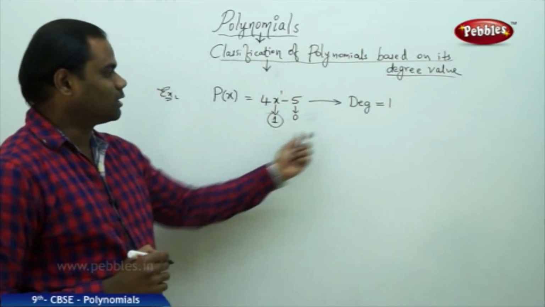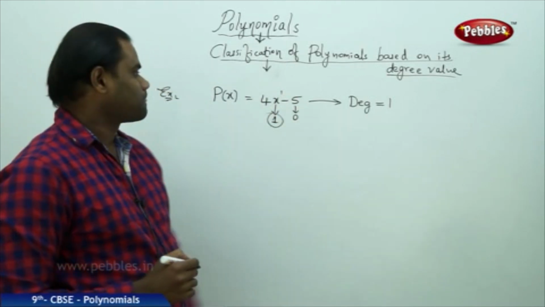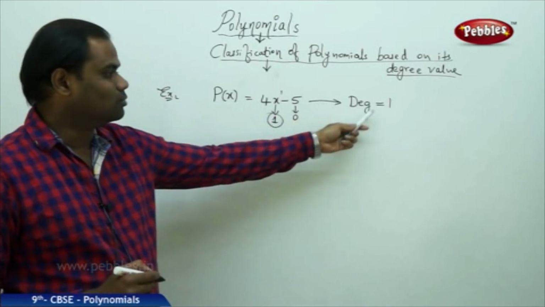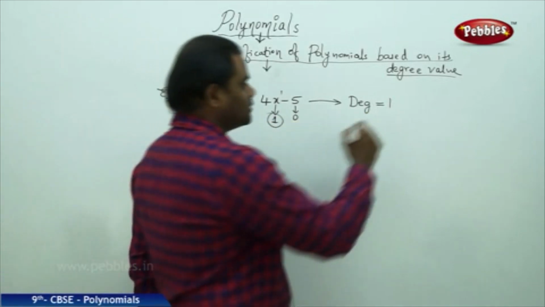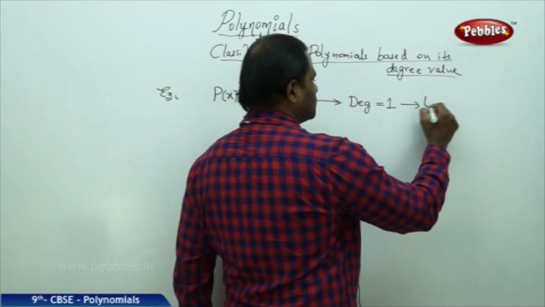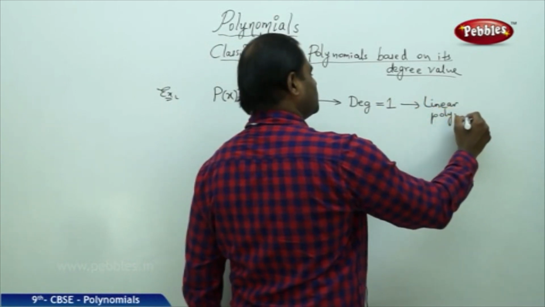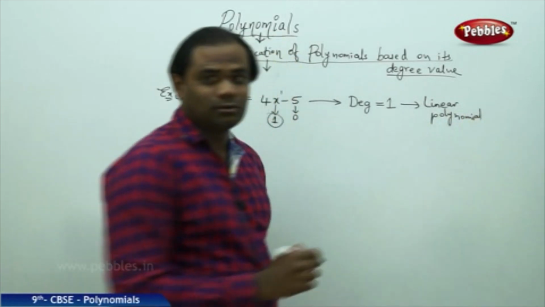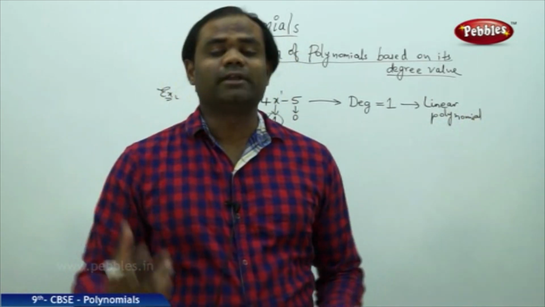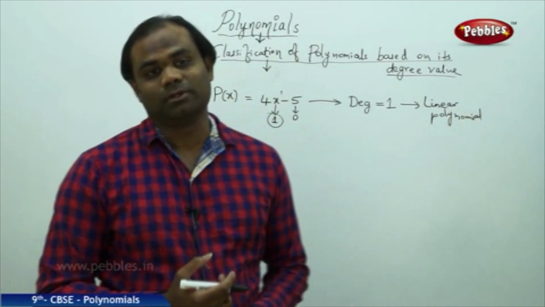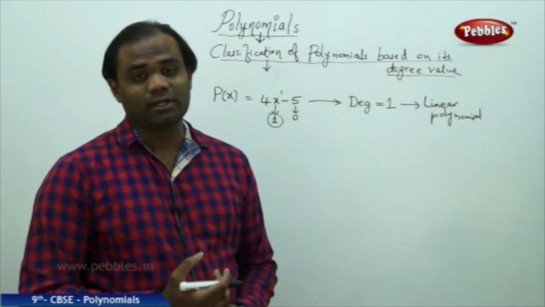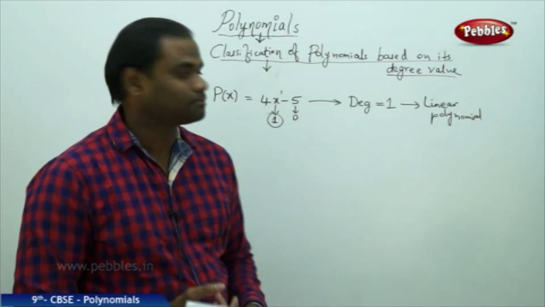The highest power being 1, the degree is 1. Therefore, p of x, whose degree is 1, is given the special name linear polynomial. Any polynomial whose degree is 1 is defined to be a linear polynomial, irrespective of the number of terms existing.